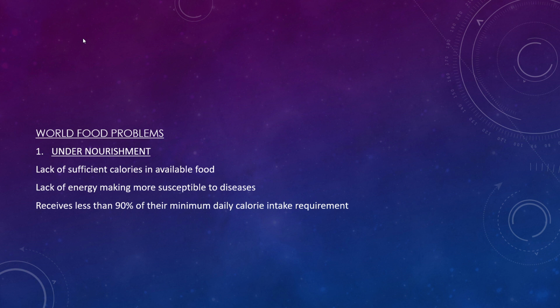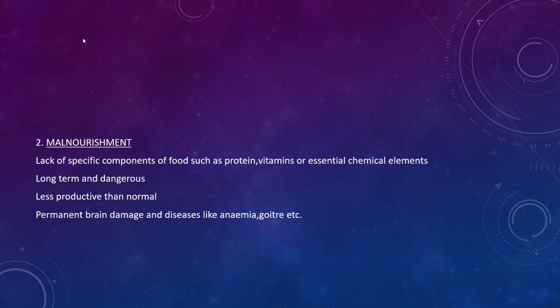World food problems. Global food problems involve complex interactions among food production, population growth, poverty, environmental effects, and economic and political systems. Now we can study in detail what malnourishment is.